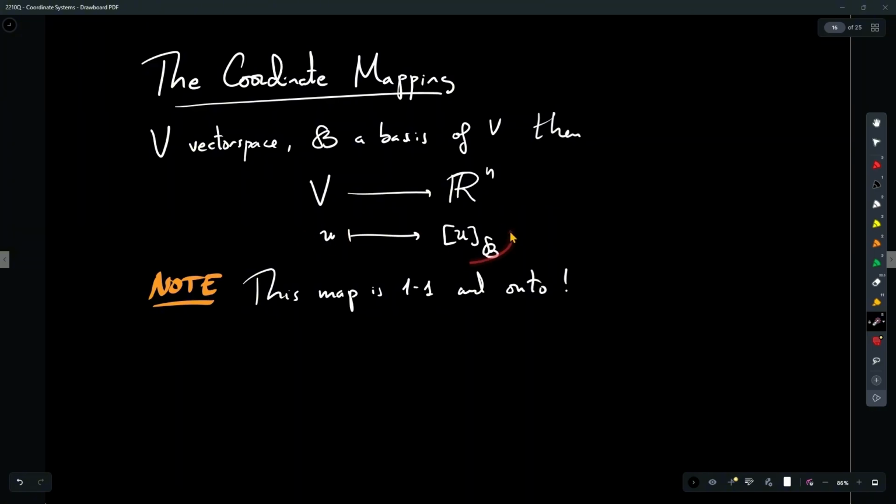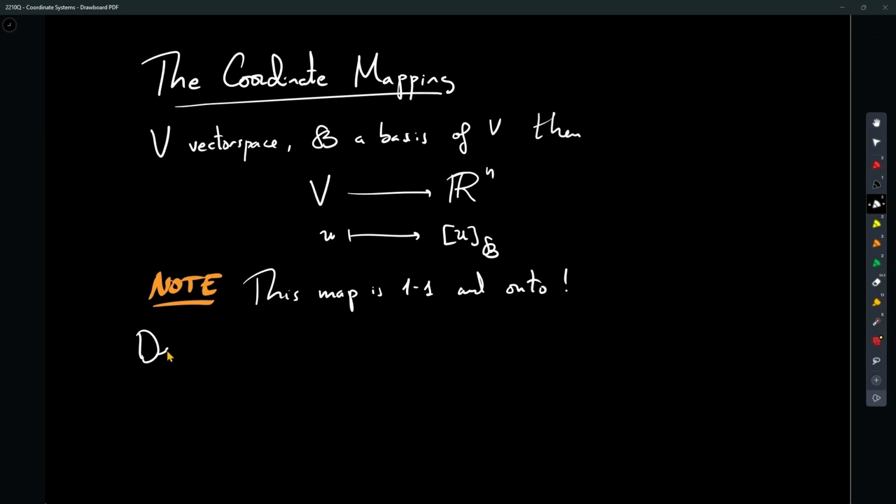Those coefficients are precisely what makes these the coordinates of this vector. So we know that for every u, there are some coordinates of u with respect to the vectors in the basis B, and those coordinates are unique. So that tells me that it's 1 to 1, and in fact it is onto. If I take any vector in Rn, I can create a vector in V that has coordinates like that. So this map is what we say 1 to 1 and onto.